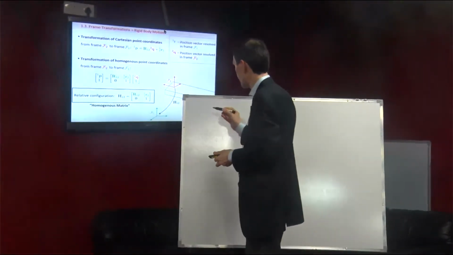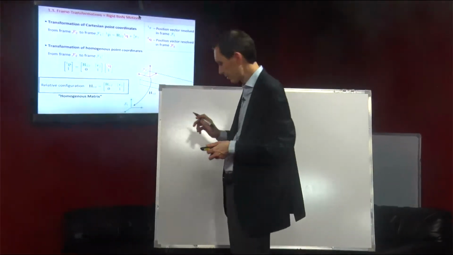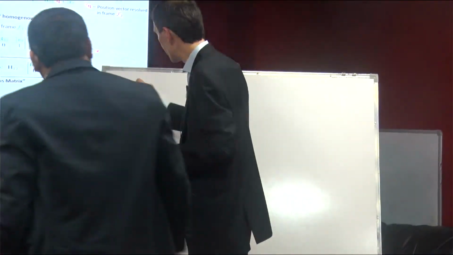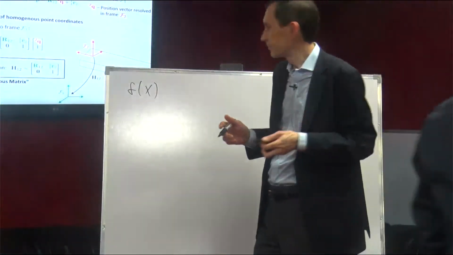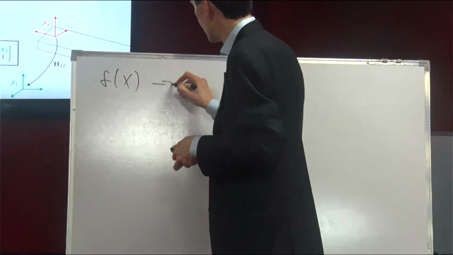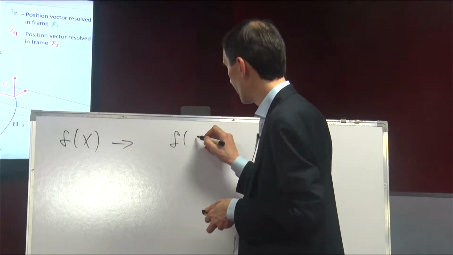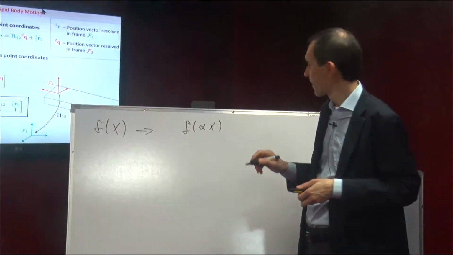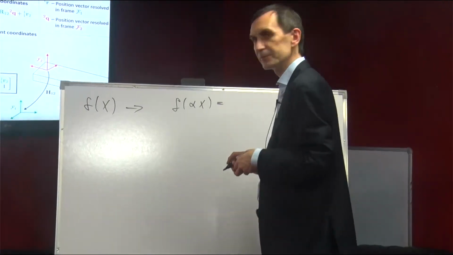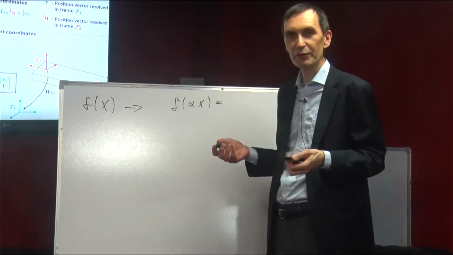Let's say you have a function of x, right? And what happens if you say I have f of alpha x, and this alpha is just a scalar? What can you say? It depends, of course, on the function.